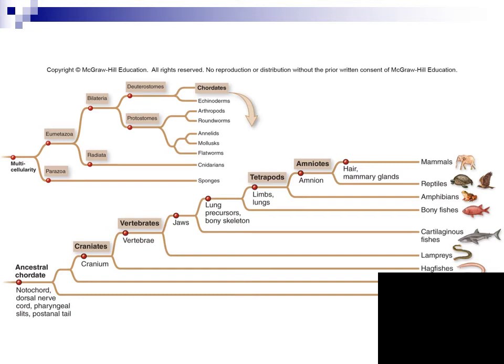This is not because I want you to memorize this, but because I want you to think about where we started and where we are. Okay, so we started looking at animals way back here, and our lowest group, our least complicated group of animals was the sponges. They had no symmetry, no tissues, very simple organisms.